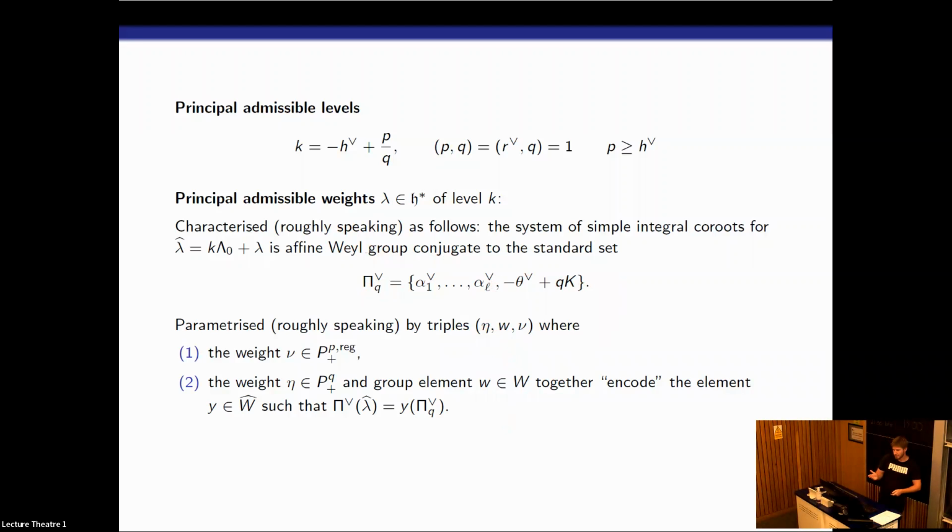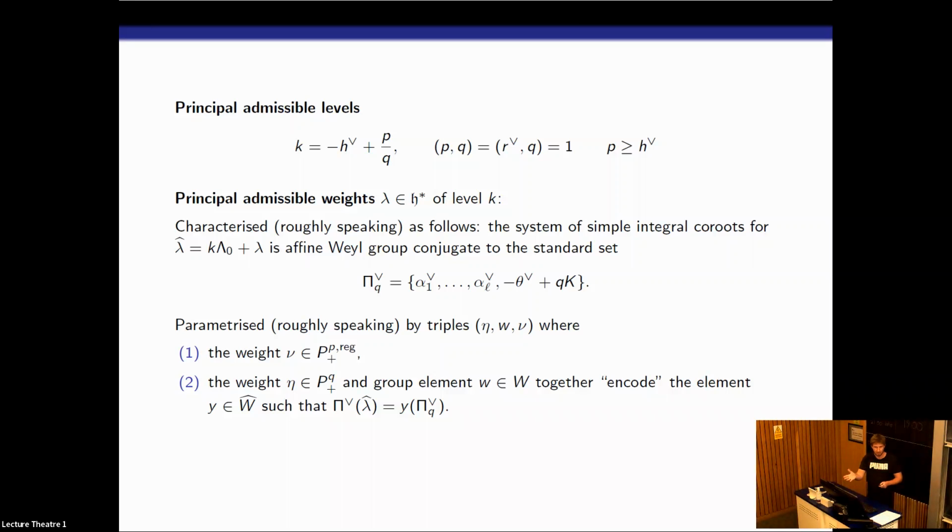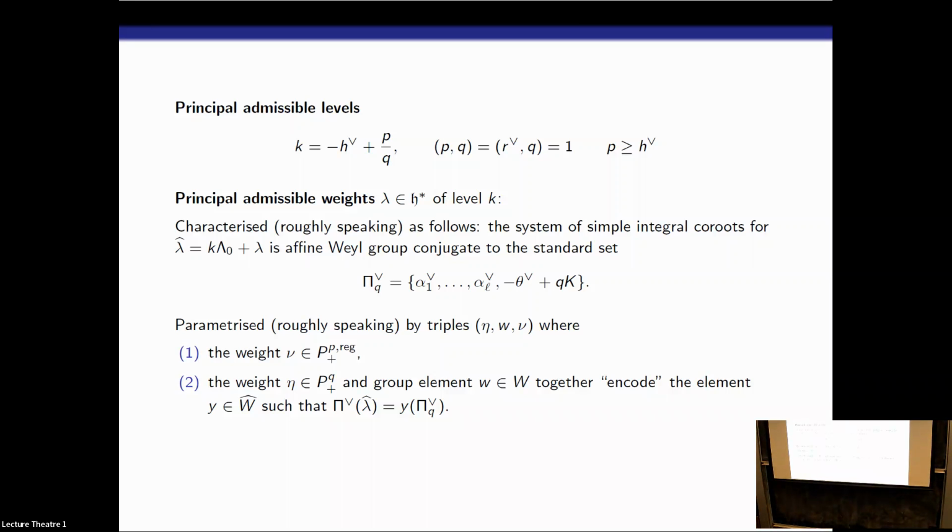I say this is roughly speaking because the actual bijection is between the weights and triples of this form modulo the action of some finite group. This is like the extended affine Weyl group divided by the usual affine Weyl group. It's isomorphic to P mod Q. But morally speaking, they're parametrized by taking a dominant integral weight of level P, just like before, plus another pair which parametrizes how you should change the set of simple roots.